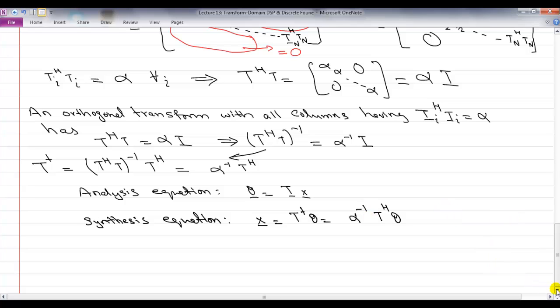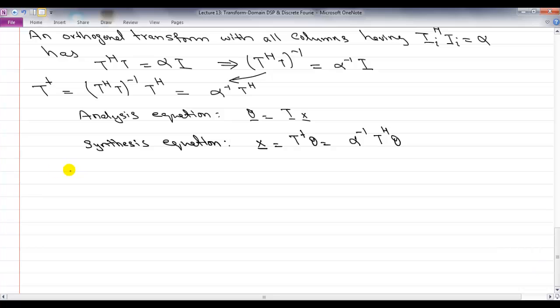In addition to orthogonal transform, there is a special type of orthogonal transform which is called orthonormal transform.